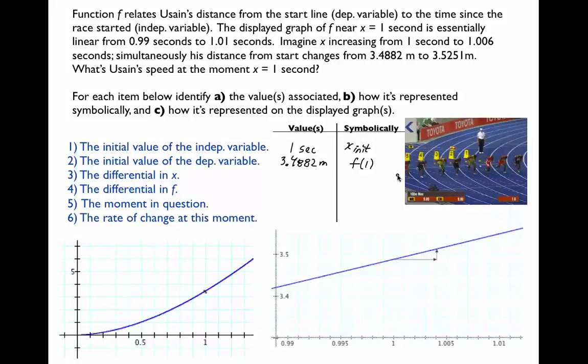Which value of the dependent variable is it? It's the value of the dependent variable when the independent variable has a value of 1. Okay, the differential in x, the value: 0.06.